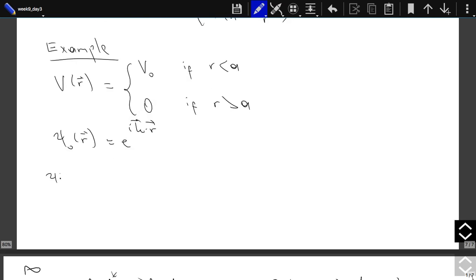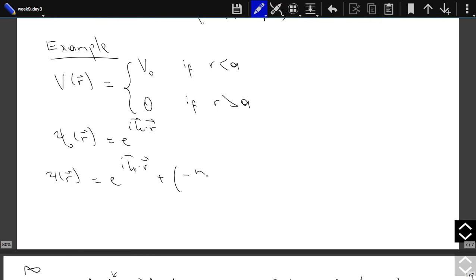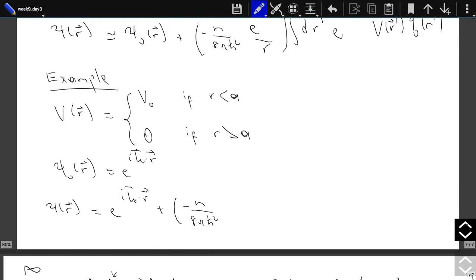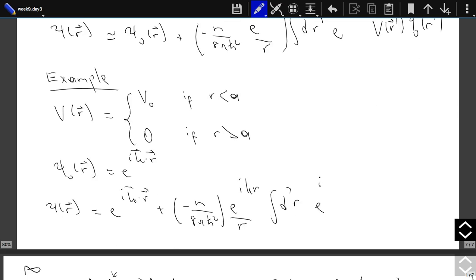So psi of r is equal to e to the power i k dot r plus minus m over 8 pi h bar squared, e to the power i k r over r, d cubed r e to the power i (k minus k prime) dot r prime V of r prime.